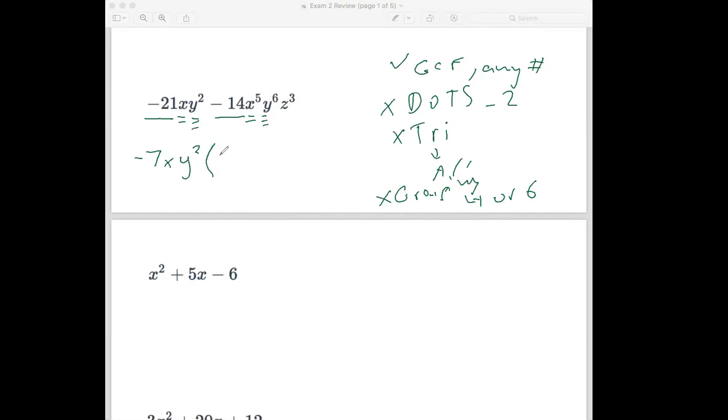And this will now be 3 minus 2. x to the 1st, I need to get it to the 5th: x to the 4th, y to the 4th, and z to the 3rd. So if we multiply this thing into this, we'll get -21 x y squared. And if we multiply it into here, we'll get, oh, this should be a plus, -14 x to the 5th, y to the 6th, z to the 3rd.